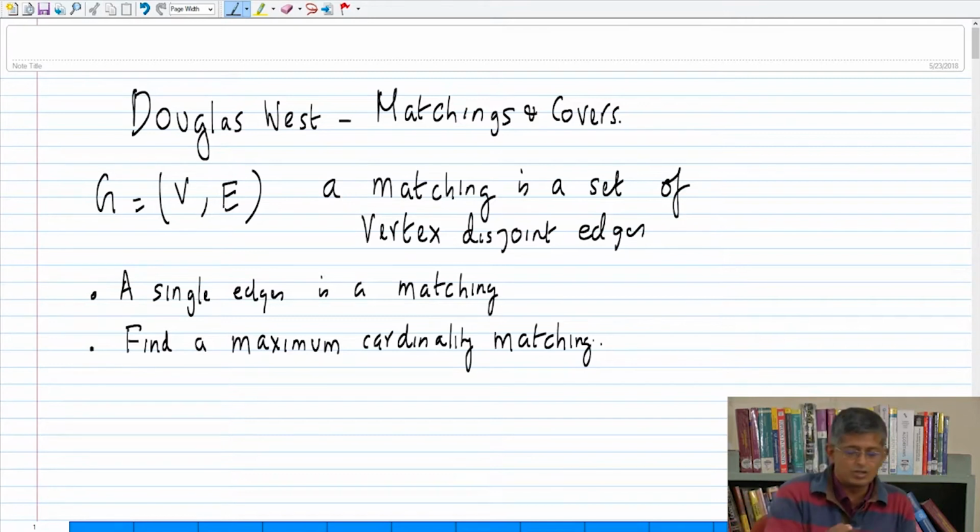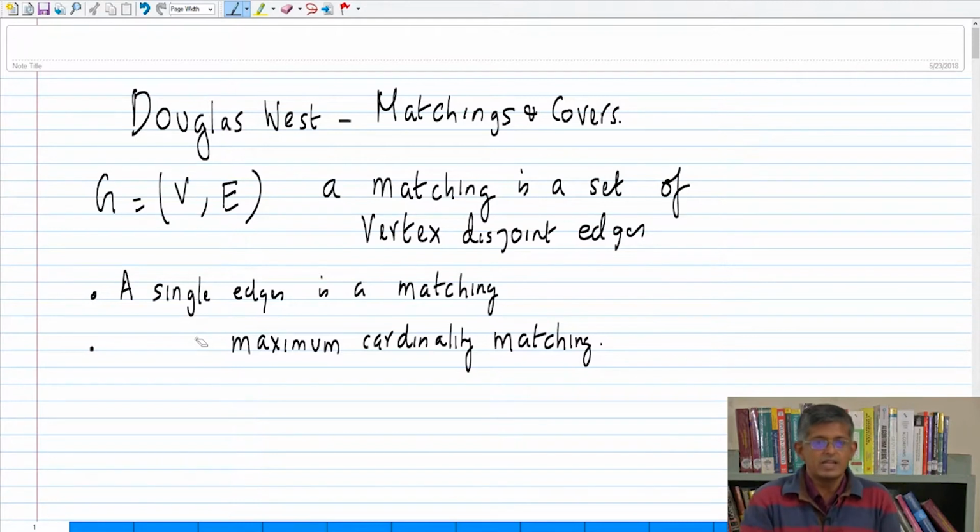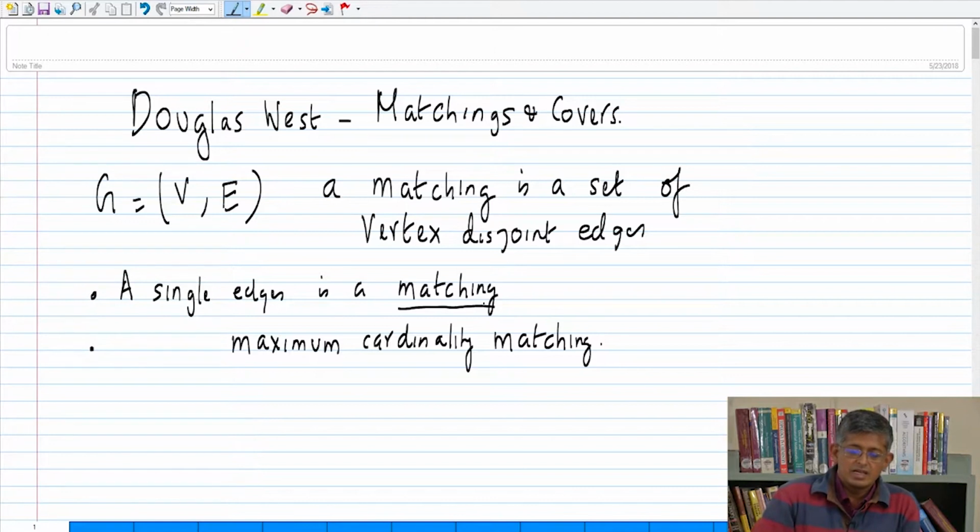Or rather, one should not really worry too much about find. We are interested in the set of all matchings, and in particular, the set of matchings which have a maximum number of edges. Because if the graph is non-empty, then anyway you have a matching of minimum cardinality, which is very well understood, just a single edge. So let us just look at the set of all maximum matchings.